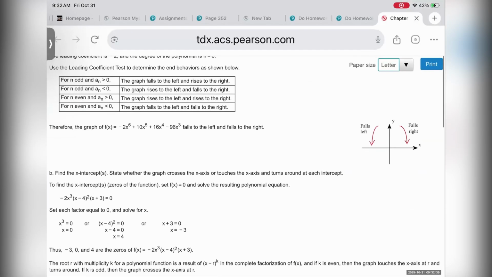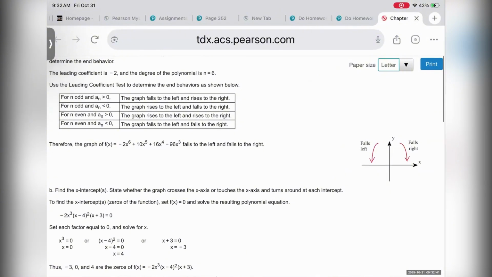Okay, the multiplicity of -3 is 1. So what does it do? It's a 6-degree polynomial, so they both fall left and right. Okay, so I got that.